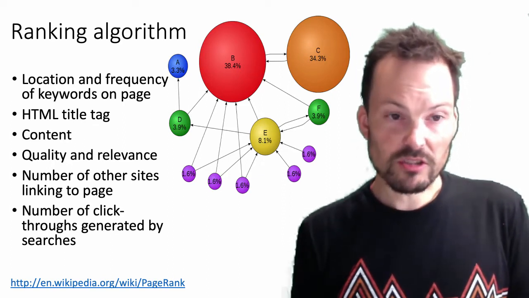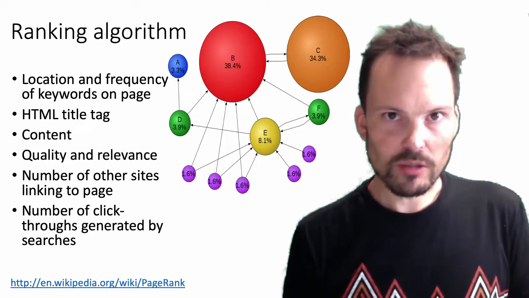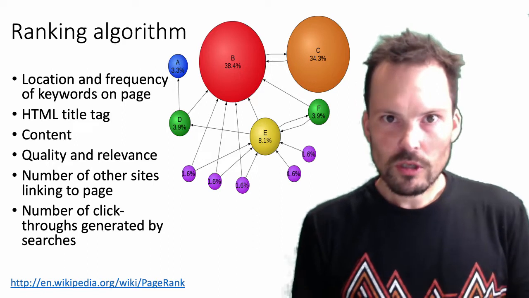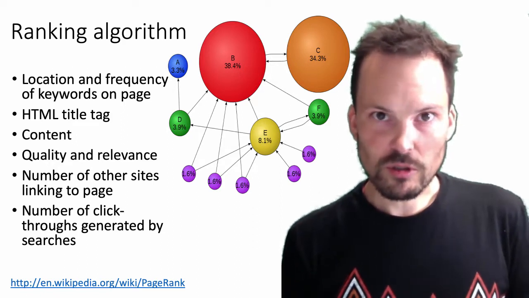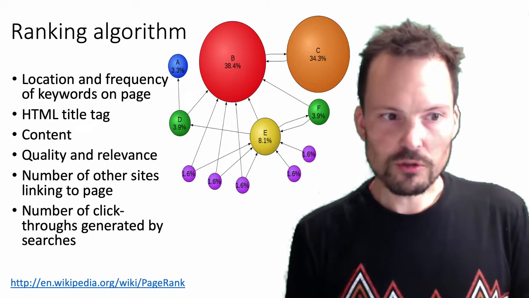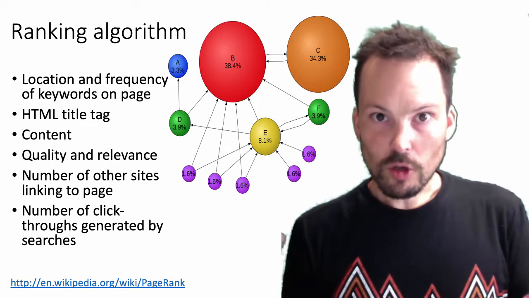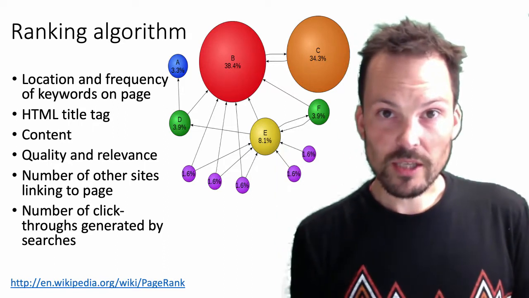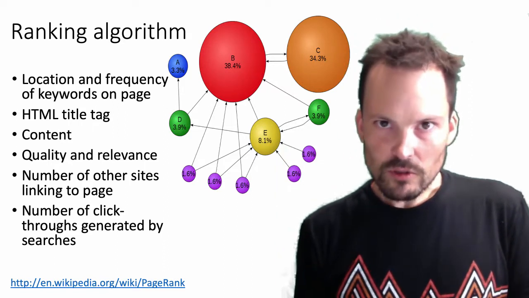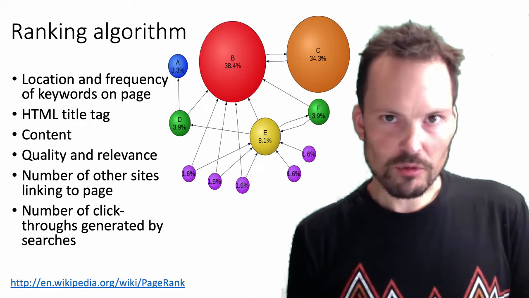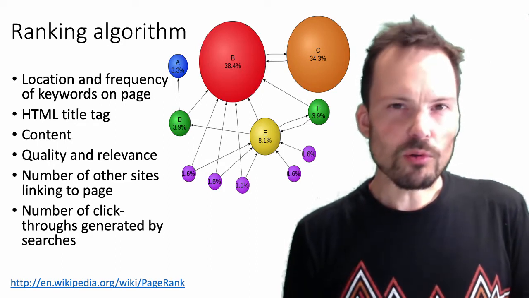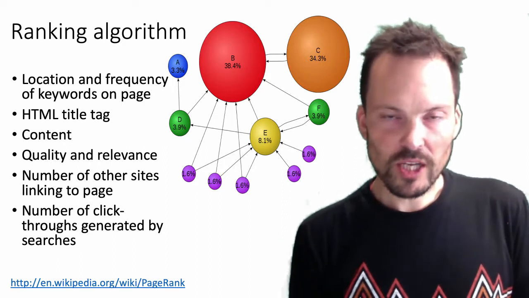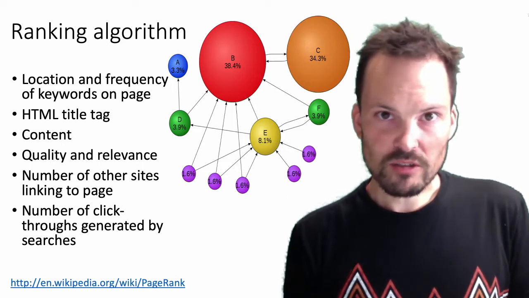And based on the location and frequency of the keywords that you typed in on that page, that will determine the ranking, and so will the content in general, also the quality and the relevance of the websites for your search term, and also the number of links that link into your website will also determine the ranking of it, and so will the number of click-through rates, or how popular that website is. There's a whole range of other algorithms that also goes into how this is ranked. More than 200, in fact, is what Google say.